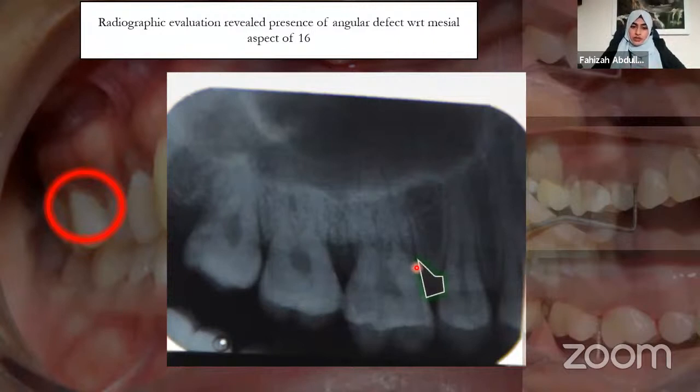So how do we go about this? Our treatment plan was surgical opening and flap debridement, and since there was extra bony exostosis, we could use that bone to regenerate the bone around this area.